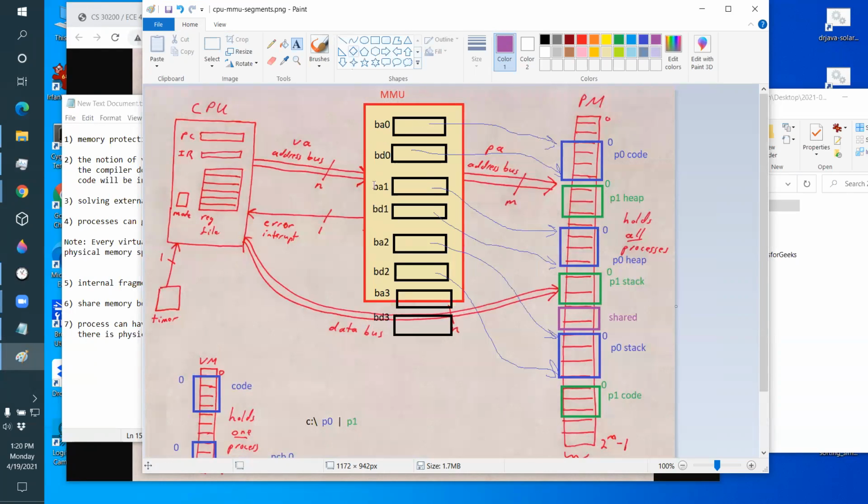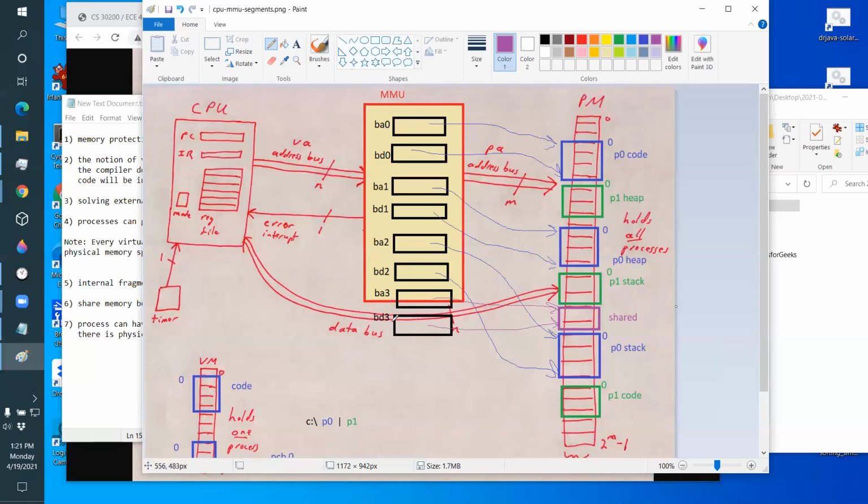Then what I'll do is the base and bounds registers for these two processes will share the same values. So this register here will point to that, and this register here will point to that.